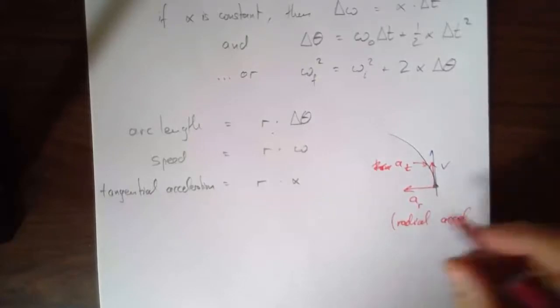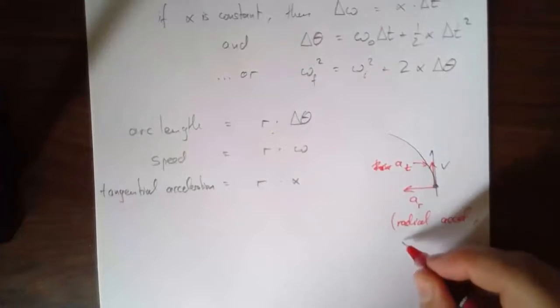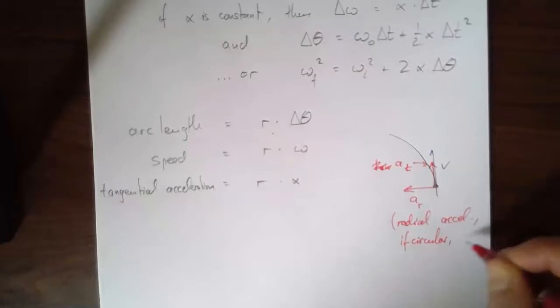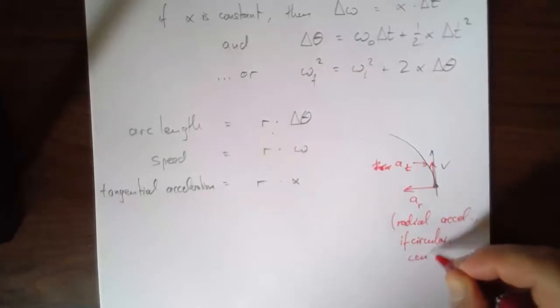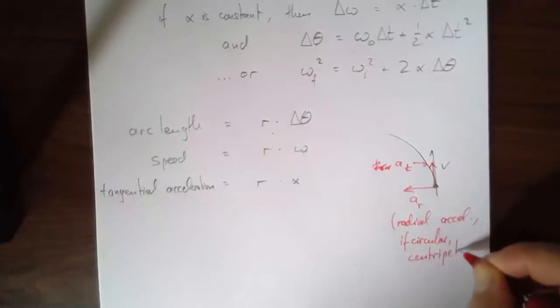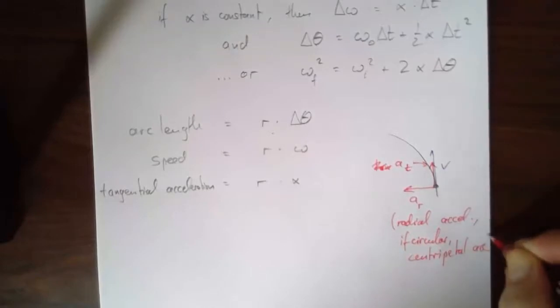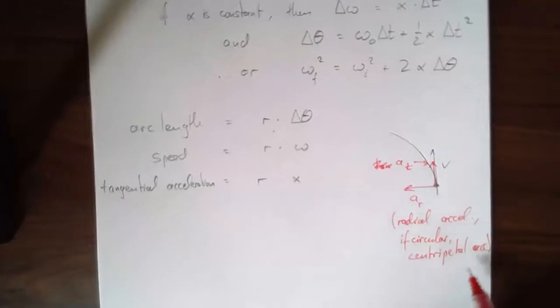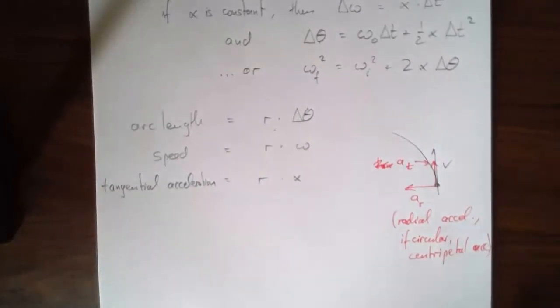But if you're going in a circle, if circular, then it is the centripetal acceleration. ACC, abbreviation for acceleration down here. Try to squeeze it in right at the edge of the paper.